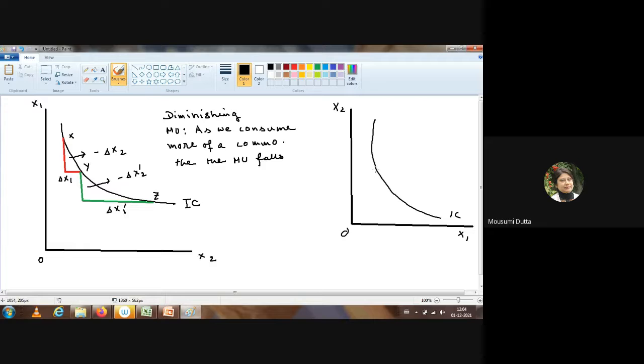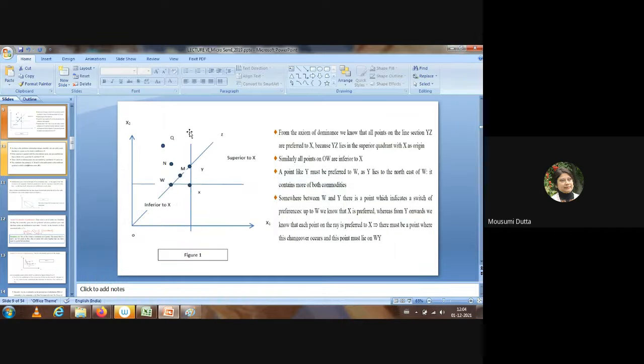This we called the indifference curve, as it is a locus joining all points of indifference.